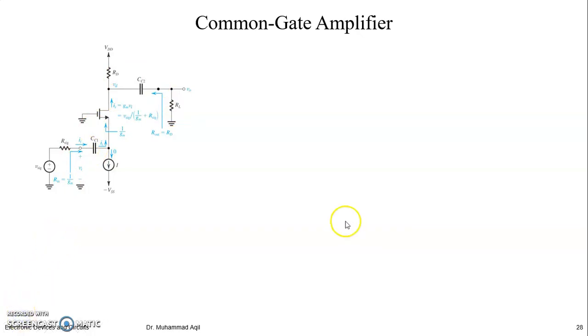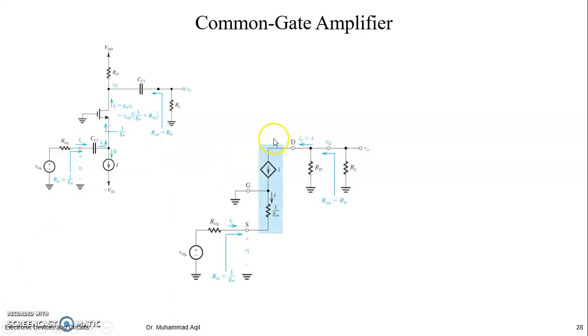How to find the gain relations? We can replace this with its AC equivalent model, the T model, right? Because we have input at the gate, at the source. Here they used I, and in our case, in common base amplifiers, we used RE.